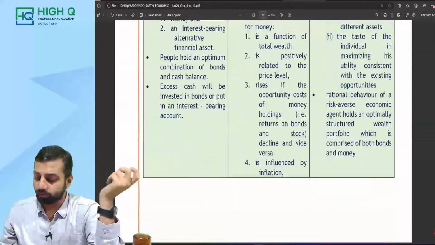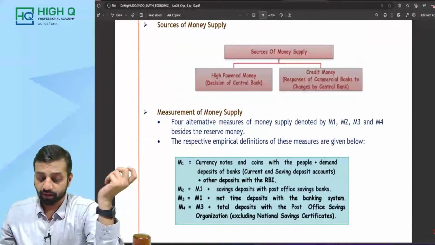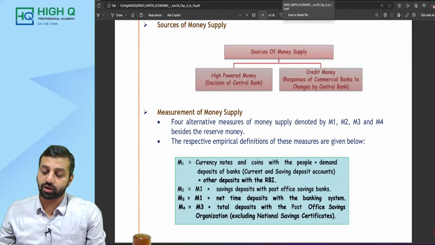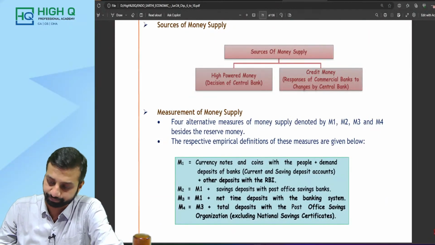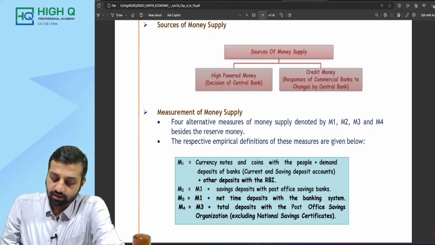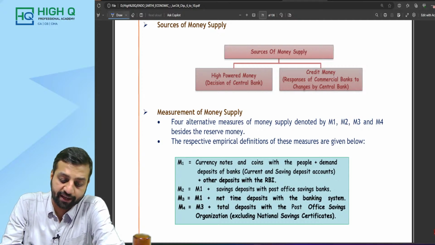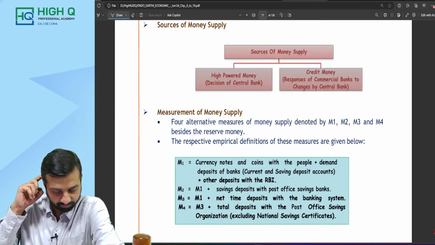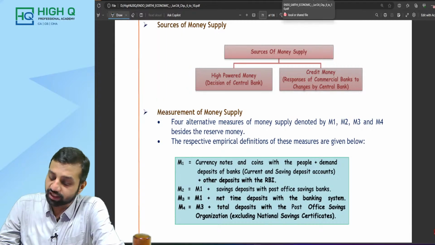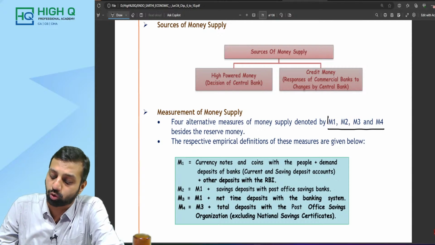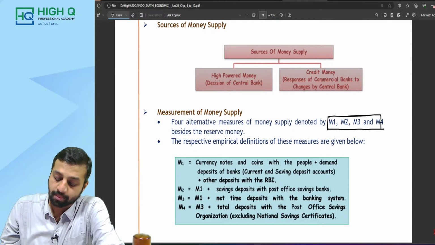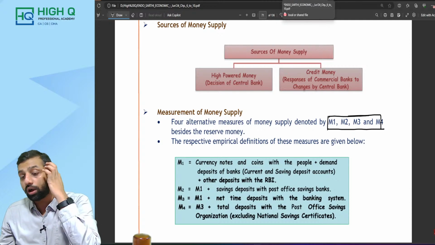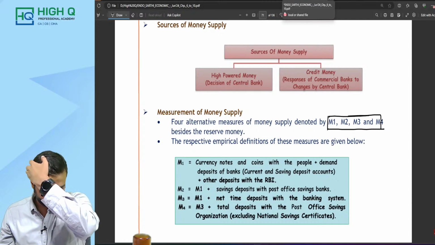So these are formulas that you need to remember. So I'll quickly go through the formulas for M1. Measurement of money supply. They are in the form of M1 to M4. These are the old classification.